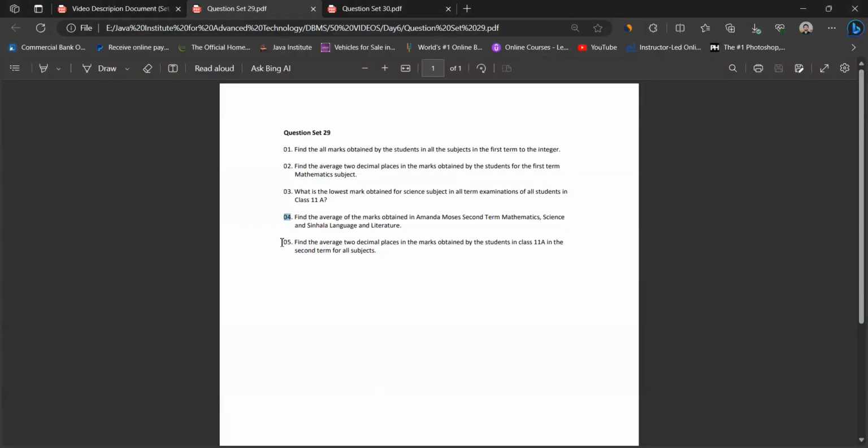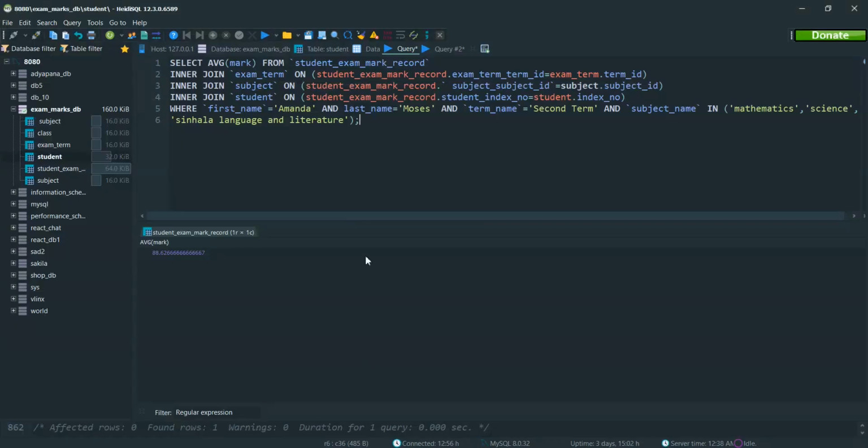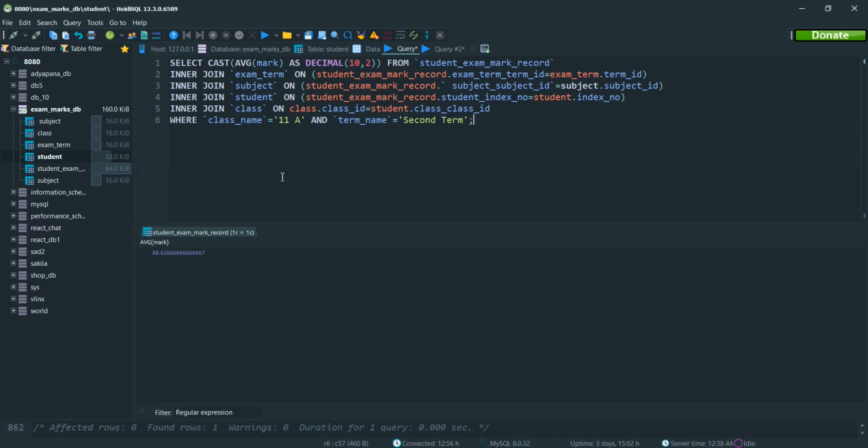For the last question: find the average, to 2 decimal places, of the marks obtained by students in class 11A in the second term for all subjects. So we have rounded off or cast the average to the second decimal place.